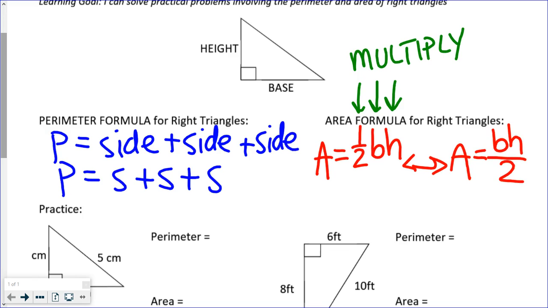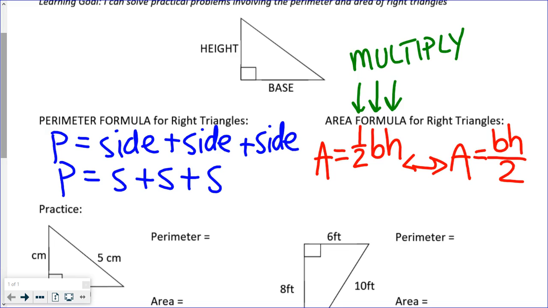The reason that it also works out to be base times height over 2 is that when you take half of something, you're really dividing it by 2. So either of those work, and it really comes down to what you're more comfortable with. For me, I grew up with 1/2 base times height, so that's what I'm most comfortable with. But for today, I'm going to use both in our examples.